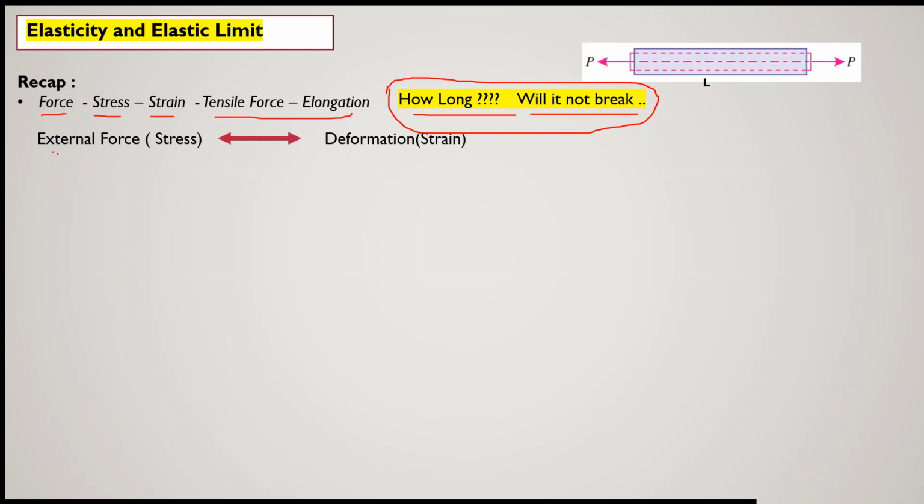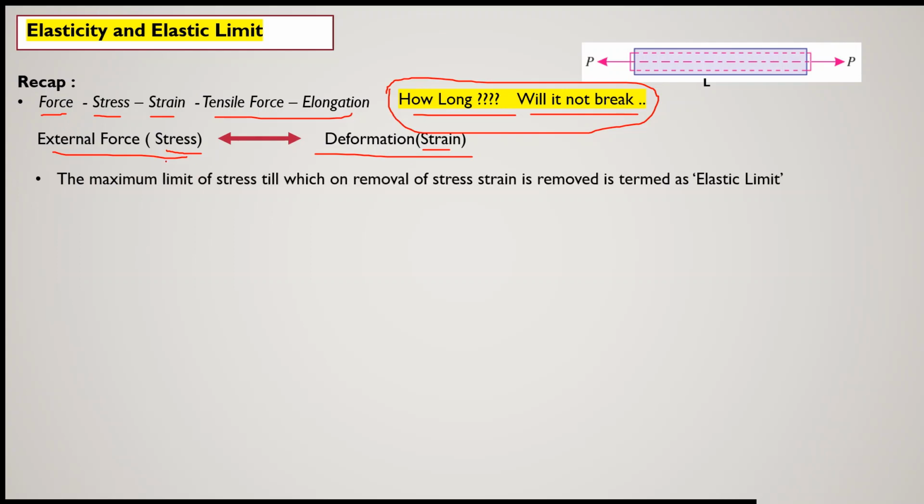When you apply an external force, that means stress, there will be some deformation, and as soon as you reduce the external force, let the external force become zero, the deformation will become zero. So it is very clear that stress is applied and strain is getting developed. Now, as you increase the stress, there may be some maximum limit for a particular material, up to which, on removal of stress, strain is also removed.